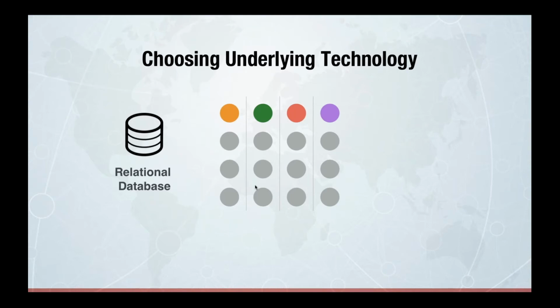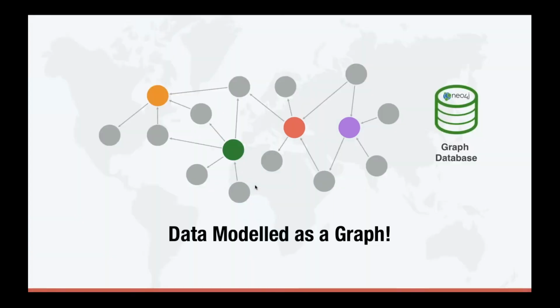Instead, what you need to do is reimagine your data in the way it is connected, which of course is a data modeled as a graph. And this is how data is stored and queried in a graph database like Neo4j, which is the natural expression of your data, where you can intuitively see the data and you can intuitively see the connections within the data.